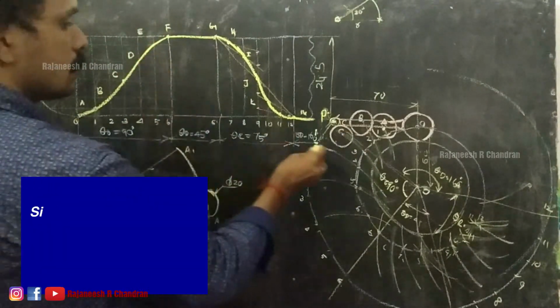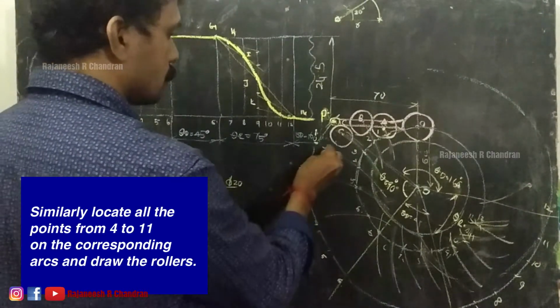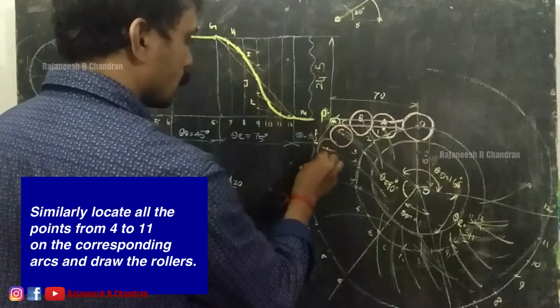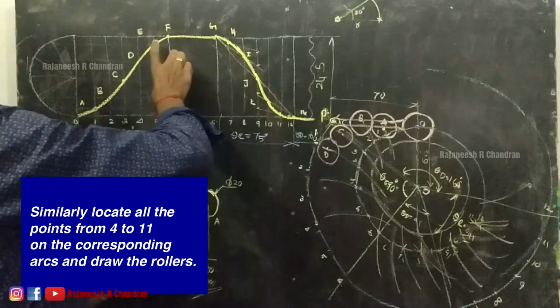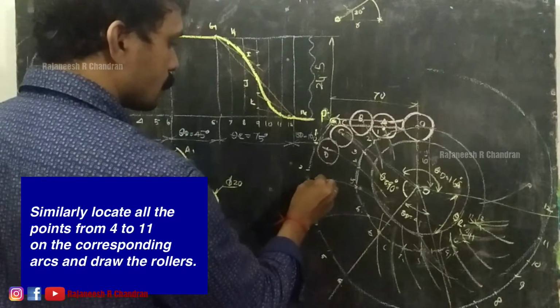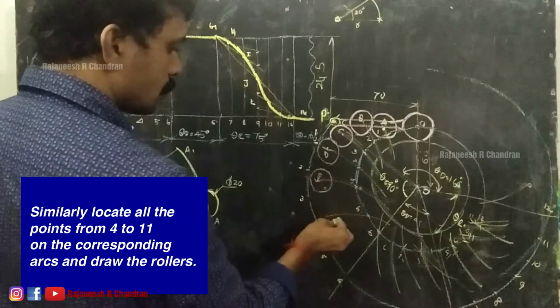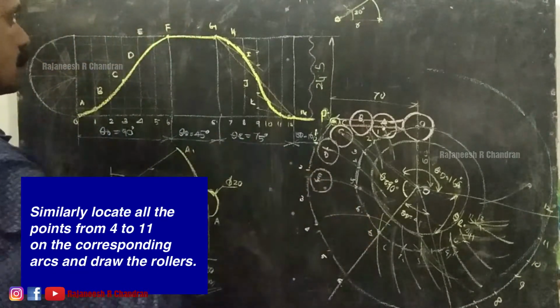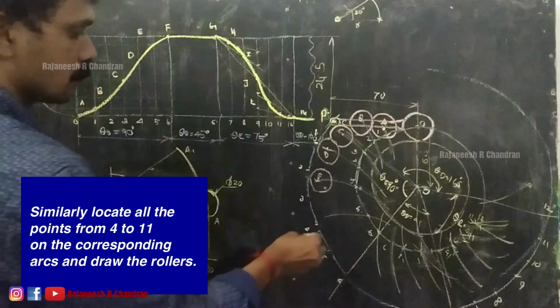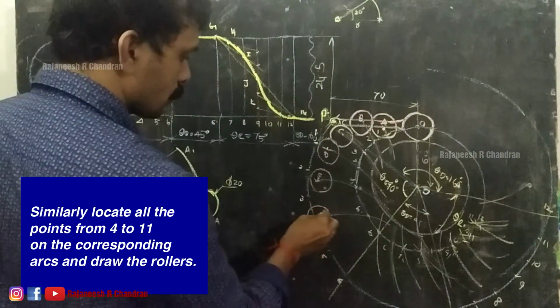Take 4D, mark the roller there. Take 5E, mark the roller there. Take 6F, just like that, mark the roller there.